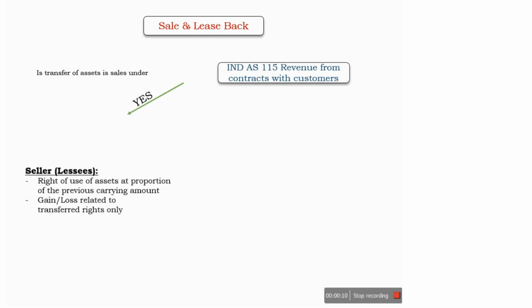If the answer is yes, in that case the seller lessee shall measure the right of use asset arising from the leaseback at the proportion of the previous carrying amount of the asset, and will recognize the gain or loss related to the transfer of rights only. And in the books of the buyer lessor, the asset will be booked under the applicable IND AS, and the lease will be recognized under IND AS 116.